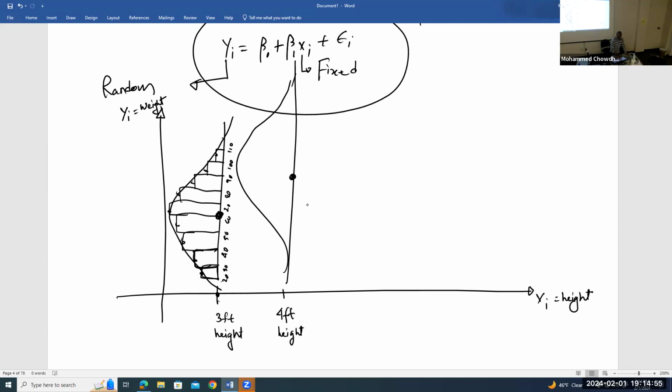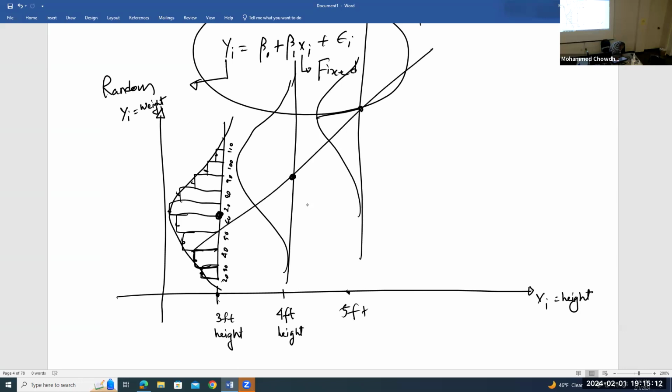Now if I move to 5 feet, I will get another distribution here. Then this is the curve, and that is the regression line.